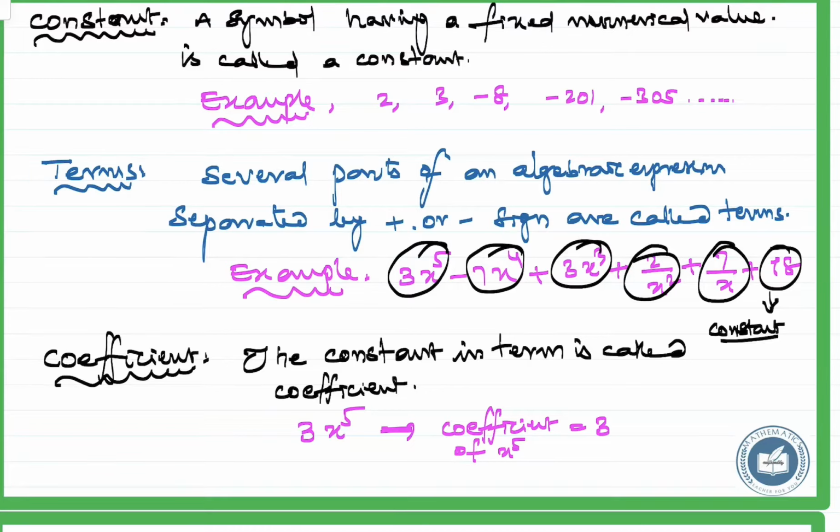Similarly, in minus 7x to the power of 4, the coefficient of x to the power of 4 is minus 7. So the constant in each term is called the coefficient.